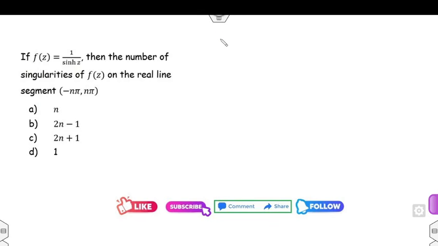f(z) is my sine hyperbolic z. So what is the formula for sine hyperbolic z? That is (e raised to power z minus e raised to power minus z) over 2. So I can write this as 1 over that, so that will be 2 over (e raised to power z minus e raised to power minus z).